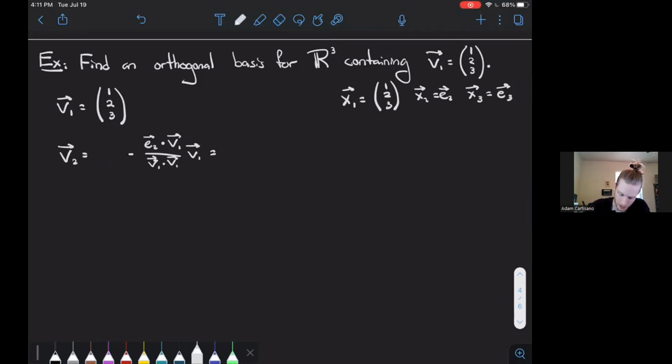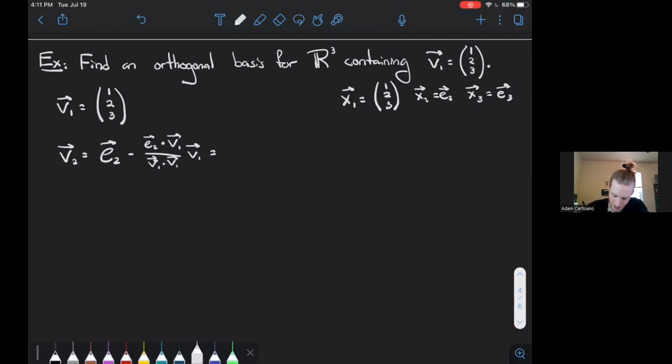I apologize, I got the rule wrong. I was committed to starting with x1 being like e1 or something like that. No, we have to start with v1. If we want v1 to be contained inside of this orthogonal basis, we can't go projecting it onto other vectors. We have to start with that one as our x1, and then go from there.